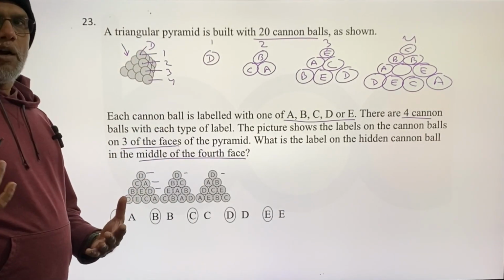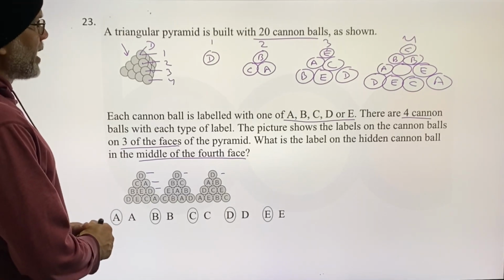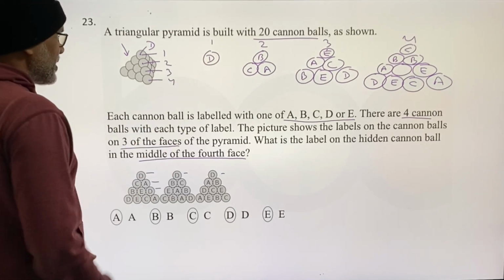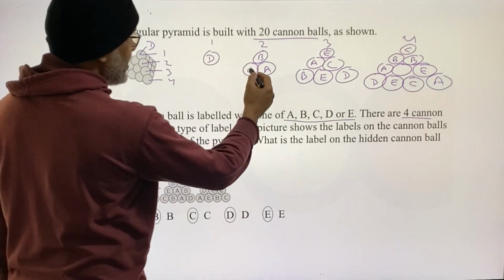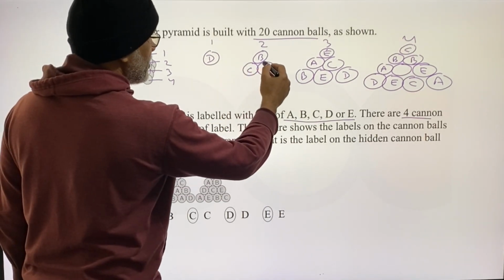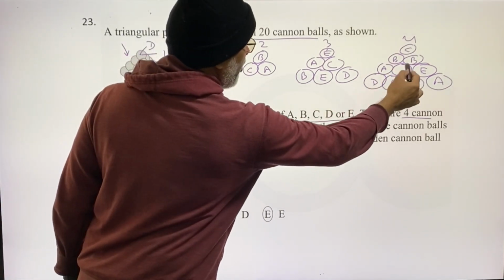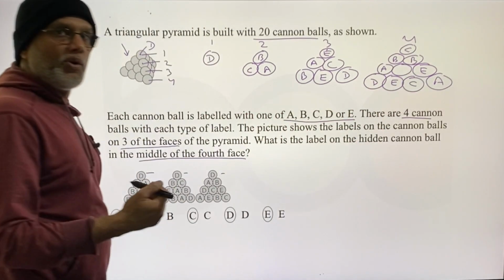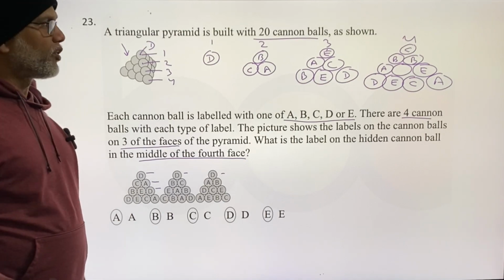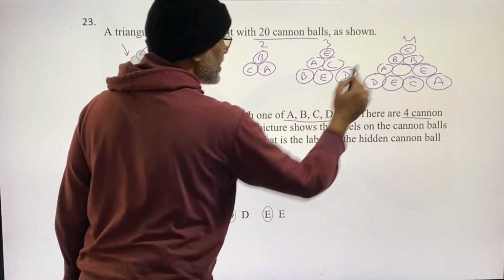Now simply I can try to count it up. How many A's are there? Let's start counting A. So I see, okay, one more thing, right? Then as you can see, there is one ball here that we don't know, right? And that is what we want to find out. What level goes for this ball?